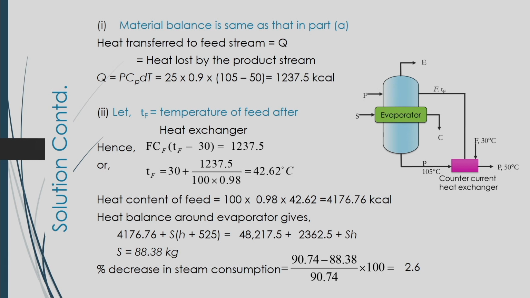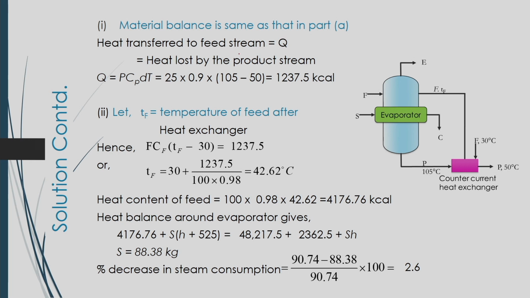Here, the material balance is the same as in part A, where you have to calculate the different stream amounts, and since we have done it in part A, we use all those amounts of streams F, S, E, C, P in this part of the problem.